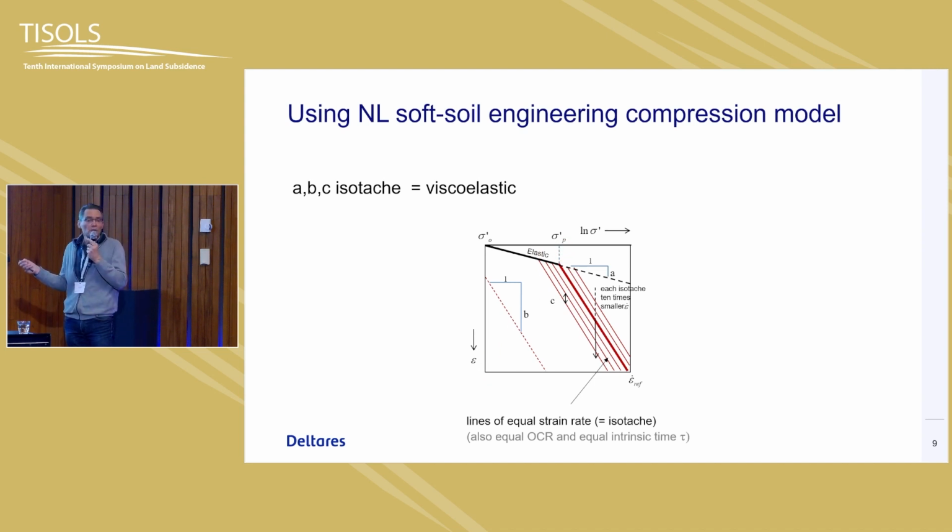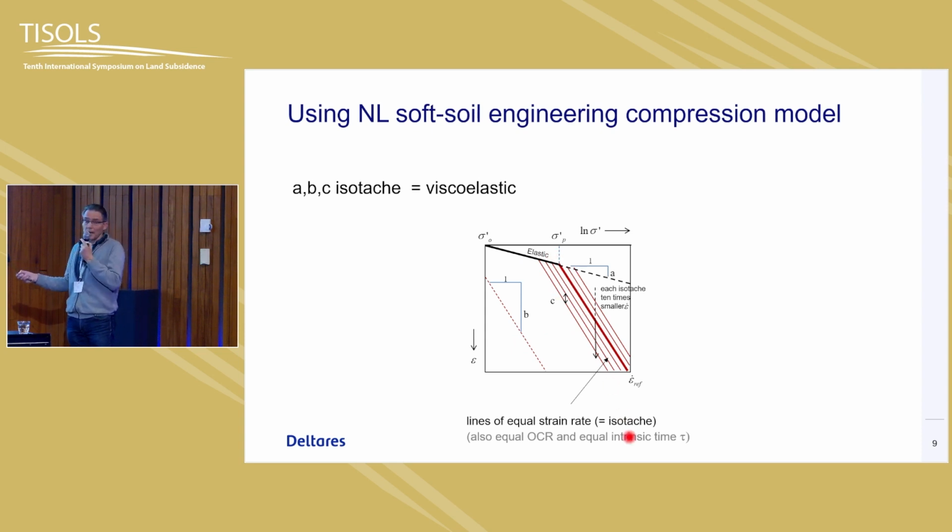In the Dutch model, we need creep. This is not a single state line. All these lines here are, in the Dutch model, lines of equivalent creep rate. They have the same rate, and the rate decreases. This rate line here corresponds to a very slow creep rate.